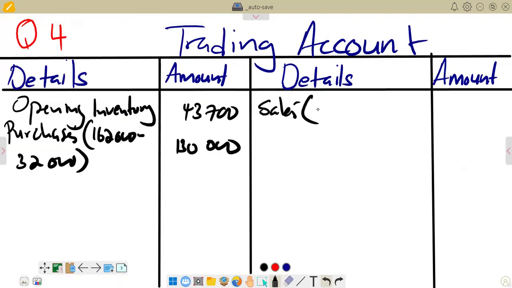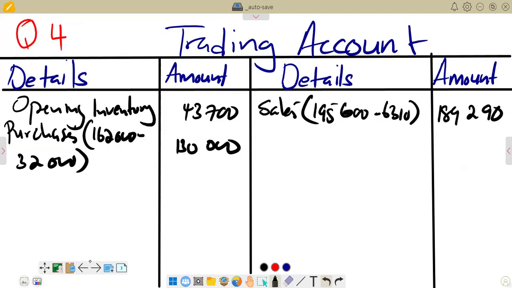So we are now saying 195,600 here, then we subtract 6,310. And then the amount that you are going to get there is 189,290.